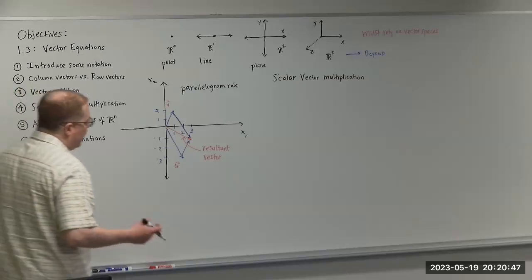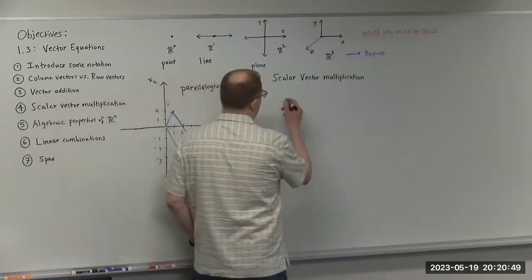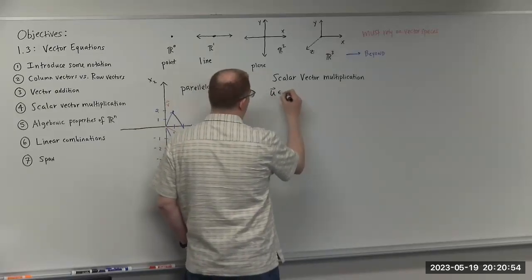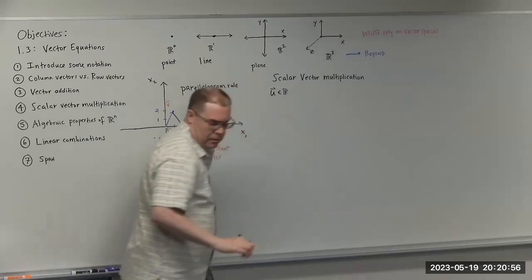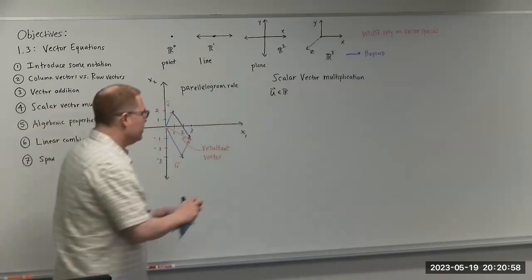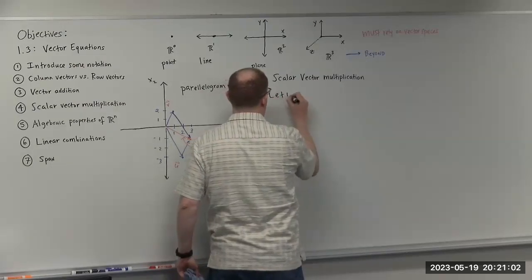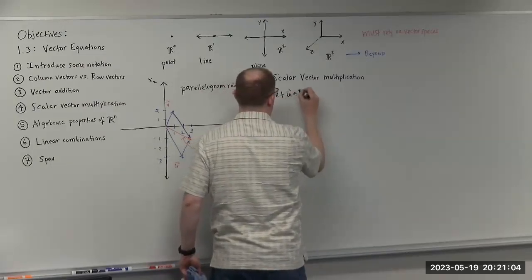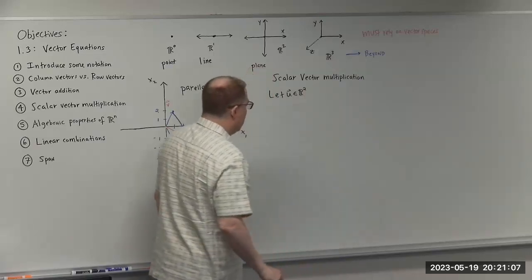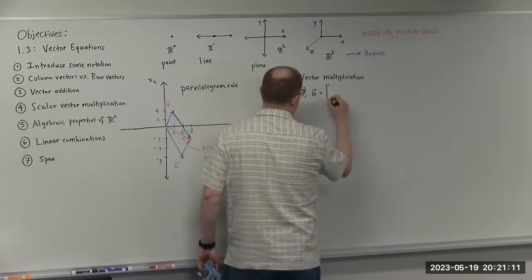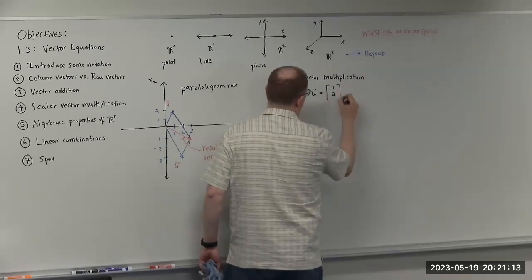All right, so the idea here is, let's say that we have a vector u that lives in R2, and let's go ahead and use the vector (1, 2).